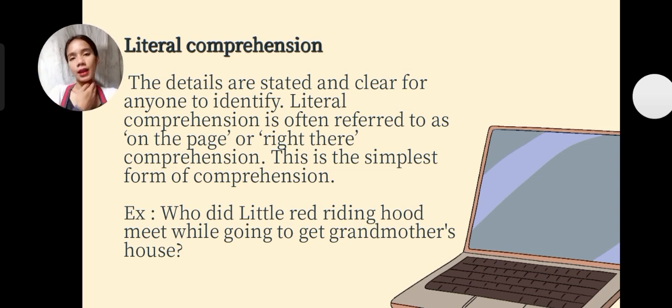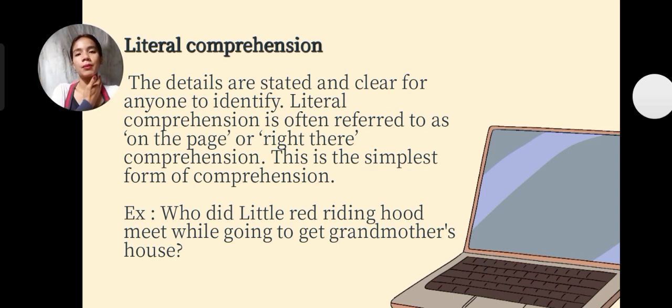So the details are stated and clear for anyone to identify. Literal comprehension is often referred to as on the page or right there comprehension. So this is the simplest form of comprehension. However, this is very important for the readers. Why? Because this is somewhat a basic level where literary analysis should start.